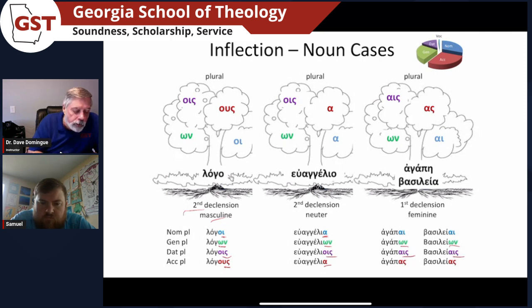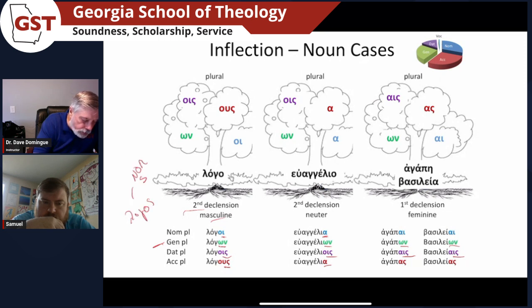It really becomes recognizable once you sort of get comfortable with the pattern. So this is the genitive plural for, I want to say, logos. That's the nominative singular masculine, right? If I want to put it in the genitive to make it possessive, of would be my helping word, then I just drop the sigma and I basically lengthen the omicron to an omega, and we put in the nu, and now that is a genitive plural.